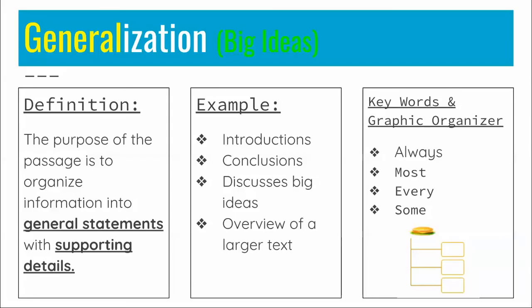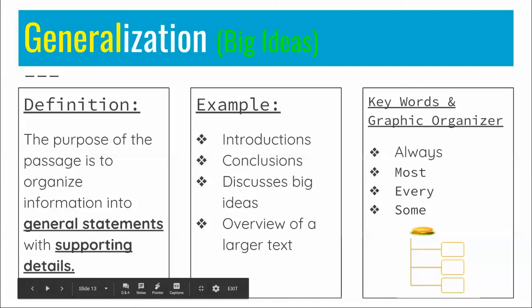Generalization. Here's a root, general, which kind of means overall, big ideas. There's not a lot of specifics in these. You don't often see these types of texts, but you can recognize them pretty easily. Definition. The purpose of the passage is to organize information into general statements with supporting details.